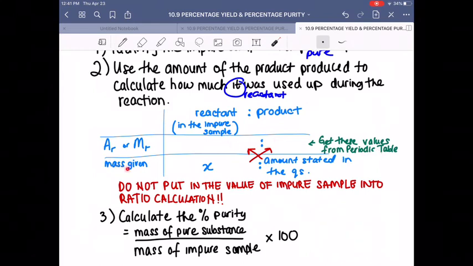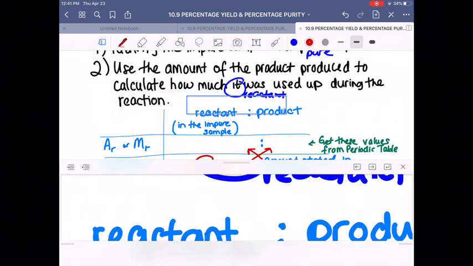Then the next row is the mass given. Usually the mass given is the product, and the product is pure, so we put the number here. We are finding this X, how much of the reactant exists in that impure sample.